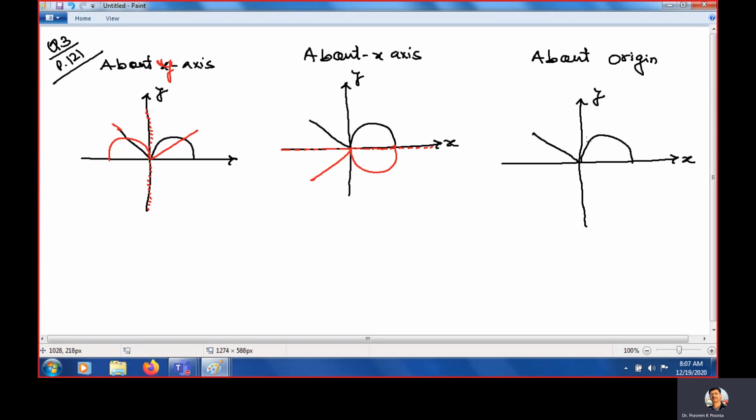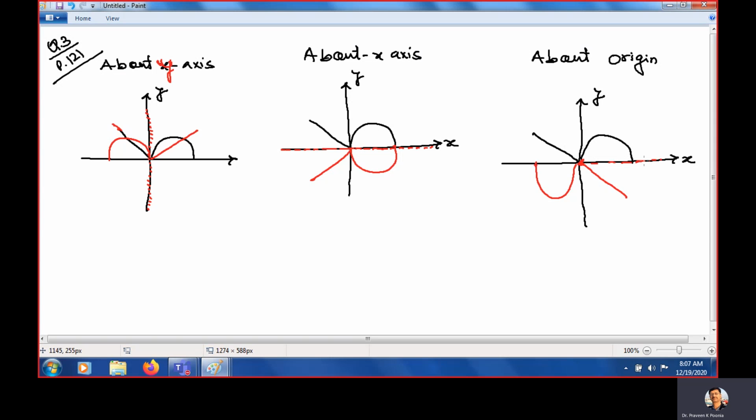Look, in the first quadrant it is a circle, so same will be in the third quadrant. Here the line in the second quadrant, same will be in the fourth quadrant. So this graph is now symmetrical with respect to origin.